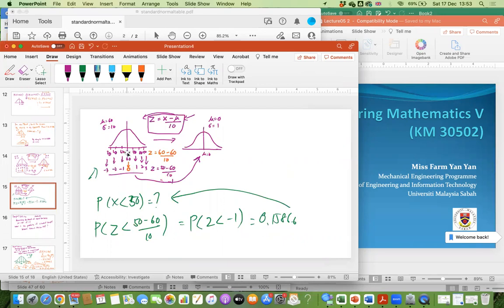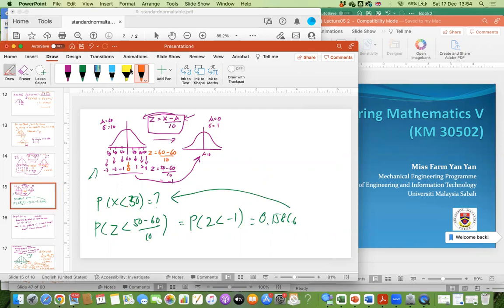I have an engineering statistics exam, and the mean of the class is 60 with a standard deviation of 10. What is the probability that X is less than 50? What is the probability that a student scores less than 50? Very simple. First, I convert them into the z-score.